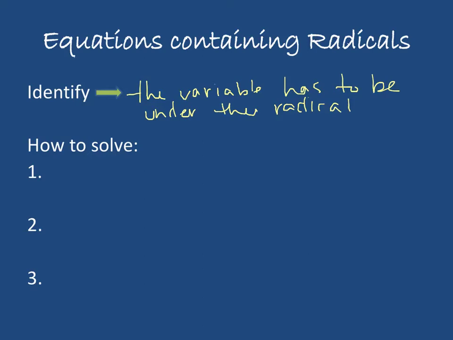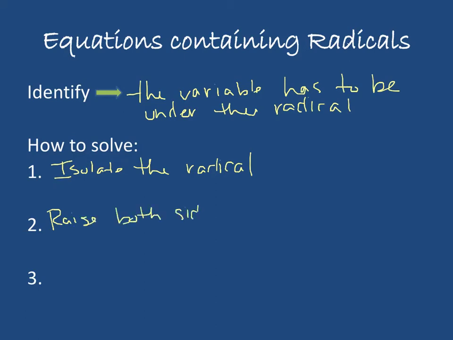All right, how are we going to solve this? The first thing we're going to do is isolate the radical. Once we get the radical by itself, then we're going to raise both sides to the correct power. What this means is, if it was the square root, you would square both sides.